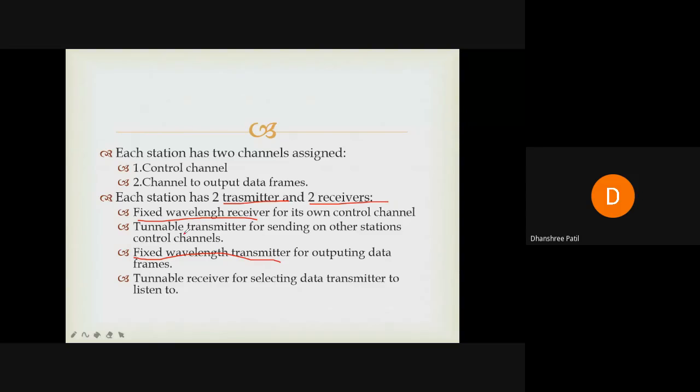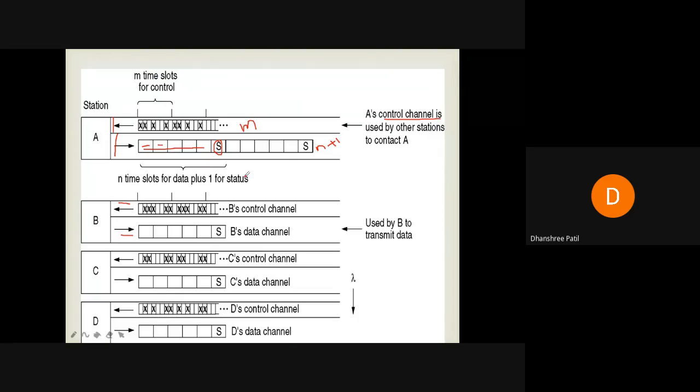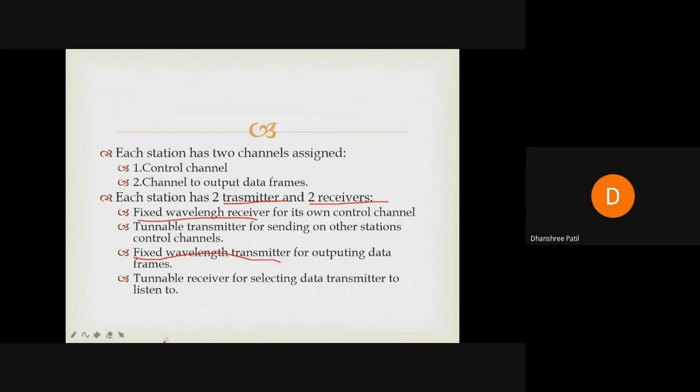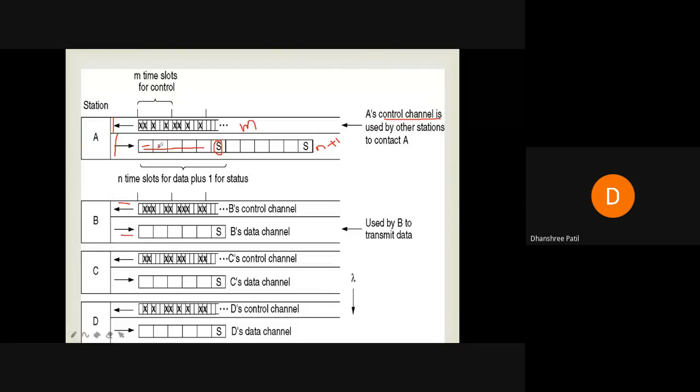And the second is the tunable transmitter for sending on other stations' control channel. You can see here why it is called fixed and tunable. These slots are fixed, data slots are fixed, but here it is not fixed, dot dot dot it is given.